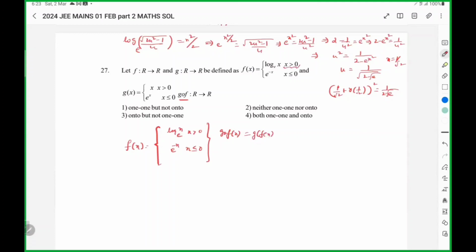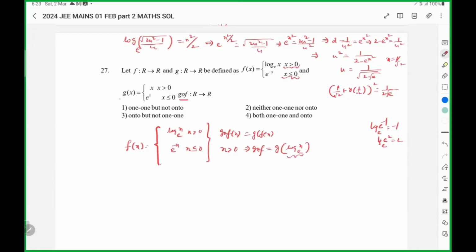So let us divide into cases. For x greater than 0, g circle f will be g of log of x to the base e. But here log x to the base e, for example, you take like this, it can be negative. You take, it can be positive.